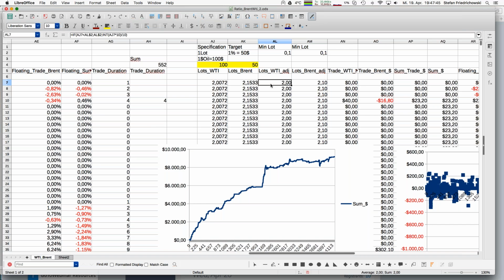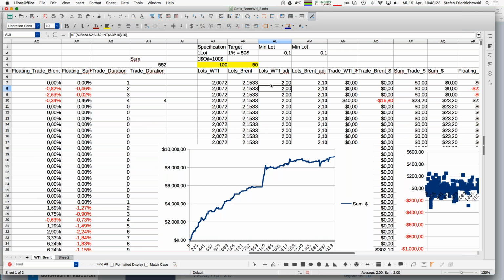So we cannot trade what is originally calculated in here, like 2.0072 lots for the WTI trade and 2.1533. No, we have to live with the limitations, and the limitations in this case are 0.1 lot, and that is good enough here. So we are not exactly market neutral, but we come close to that market neutrality.